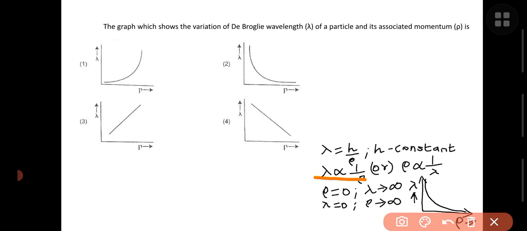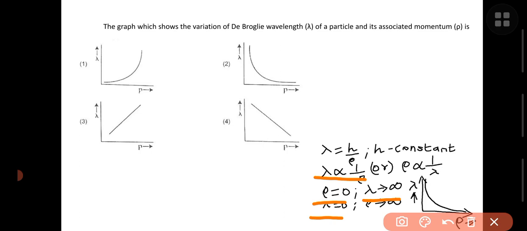When the momentum becomes zero, wavelength becomes infinity. When the wavelength becomes zero, momentum becomes infinity. So with the help of this relationship, we can find the correct answer.